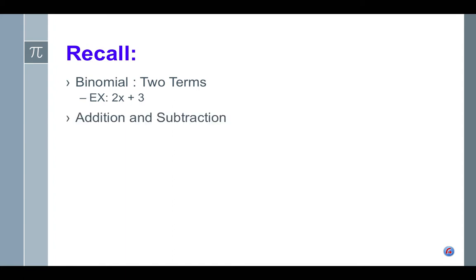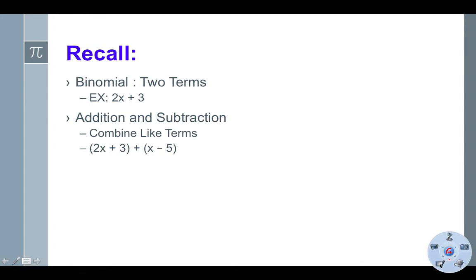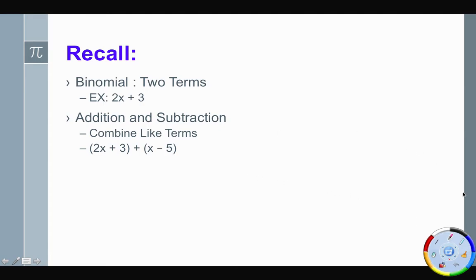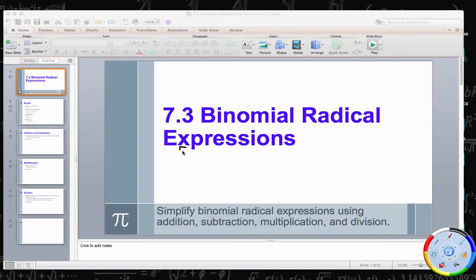In addition and subtraction of binomials, you're only allowed to combine like terms, and this goes as well to our radical expressions we're going to look at in a moment. If we were to have this particular problem right here, where we were to add these two binomials together, we would add the like terms together.